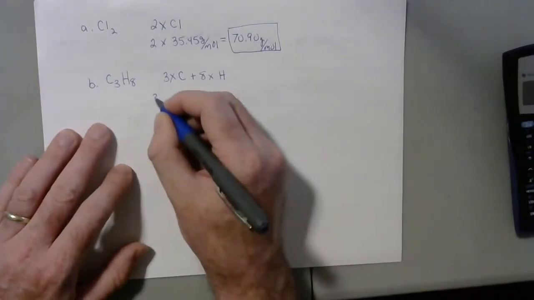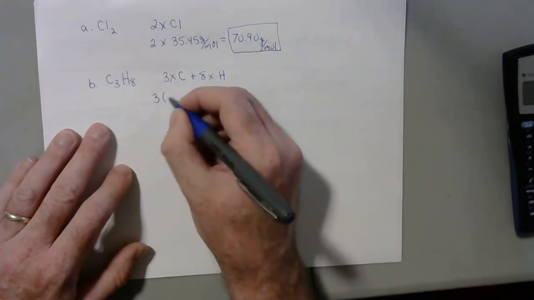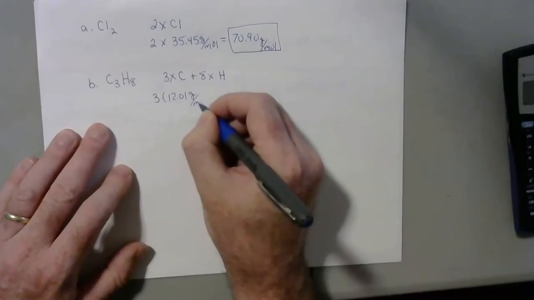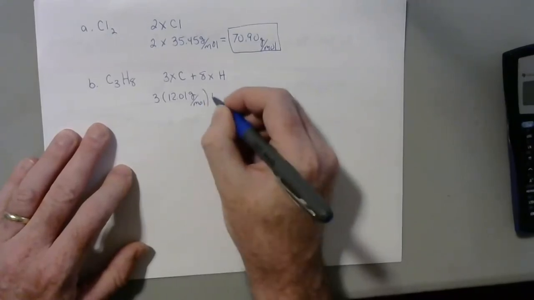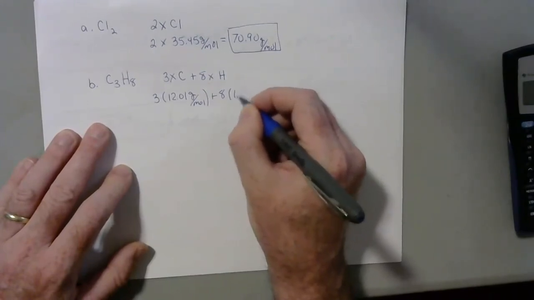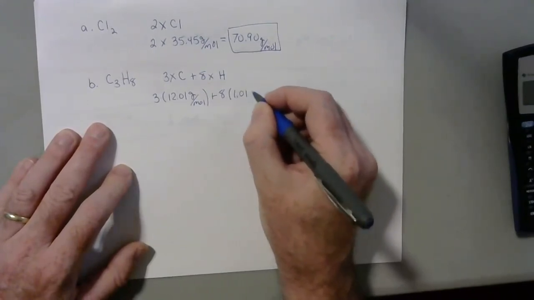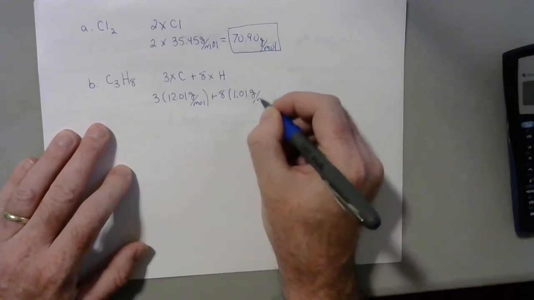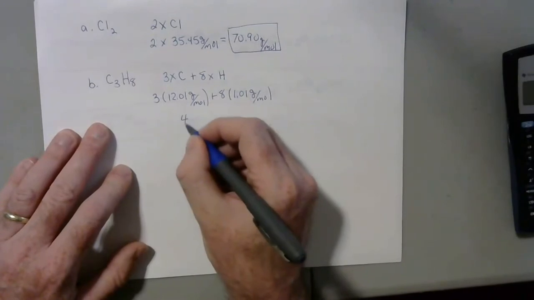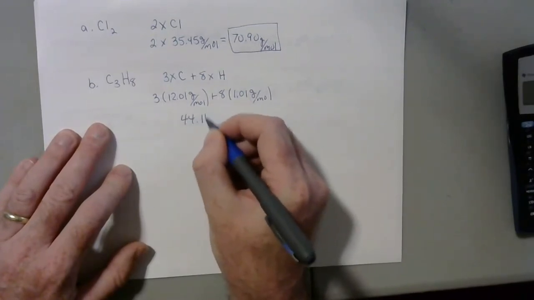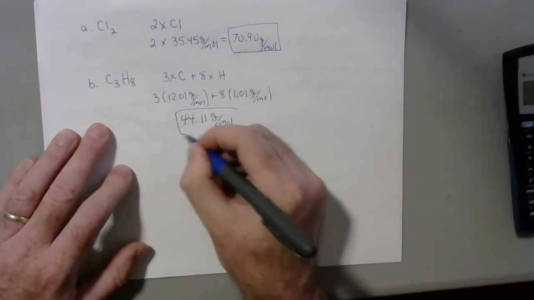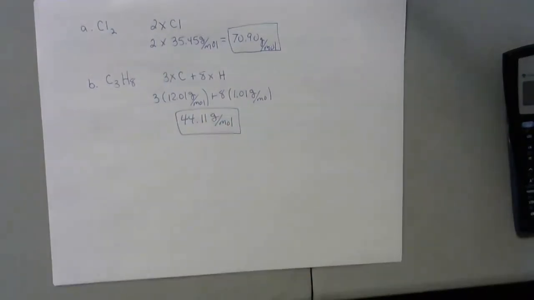And so you're going to get 3 times 12.01 grams per mole plus 8 times 1.01 grams per mole. When you run that all through on your calculator, you're going to get 44.11 grams per mole. And that would be your answer to the second part.